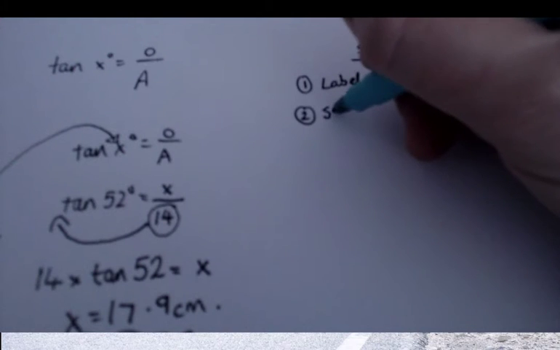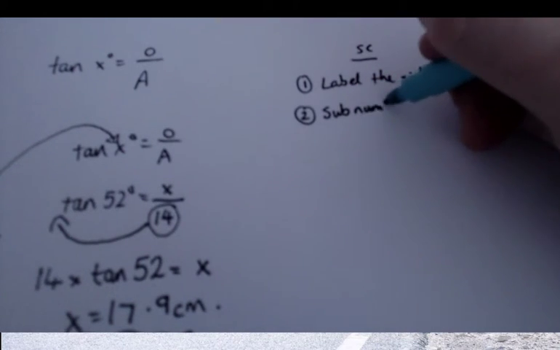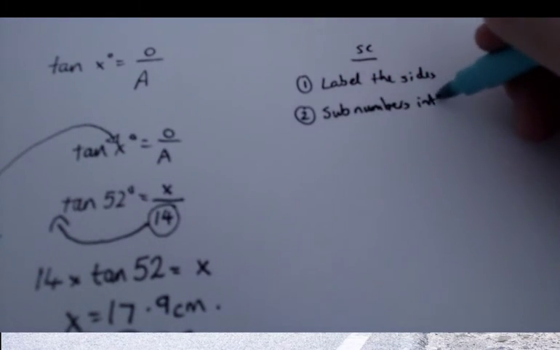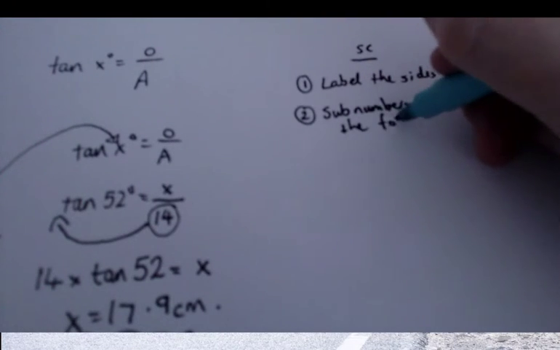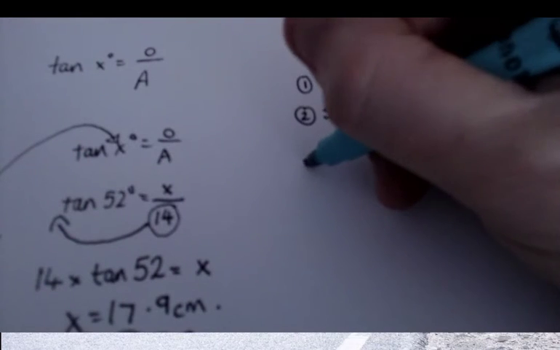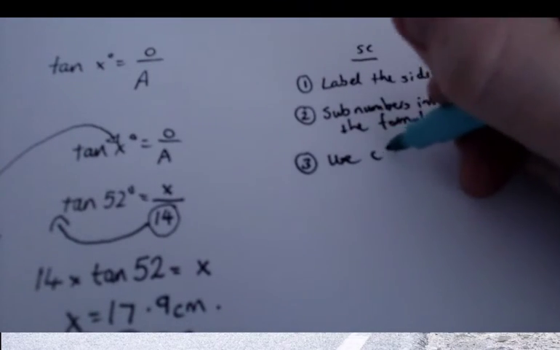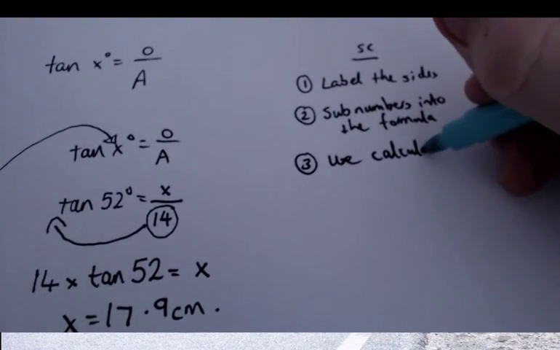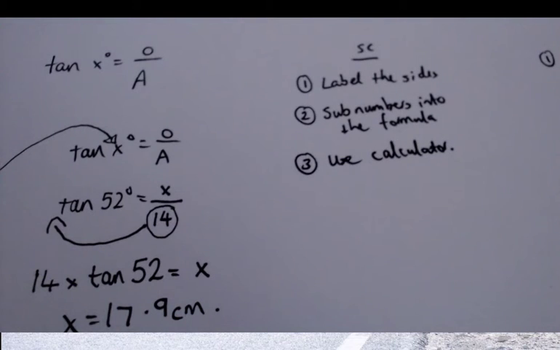You must be able to substitute the numbers into the formula in the correct place. Third thing you need to be able to do is use your calculator correctly. Okay? Let's try your own.